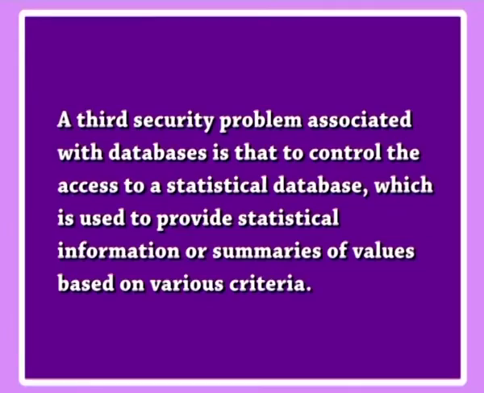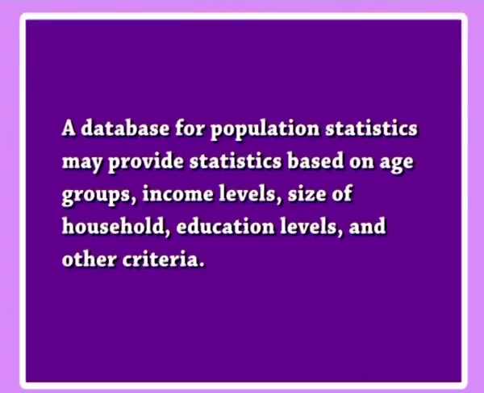A third security problem associated with databases is that of controlling the access to a statistical database, which is used to provide statistical information or summaries of values based on various criteria. For example, a database for population statistics may provide statistics based on age groups, income levels, size of household, education levels and other criteria.